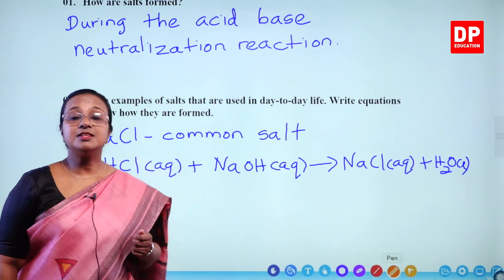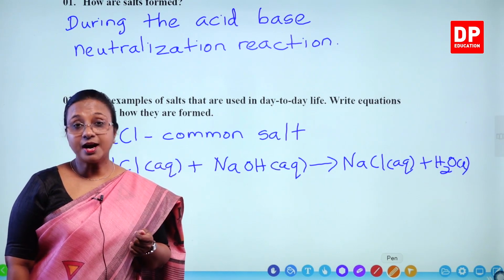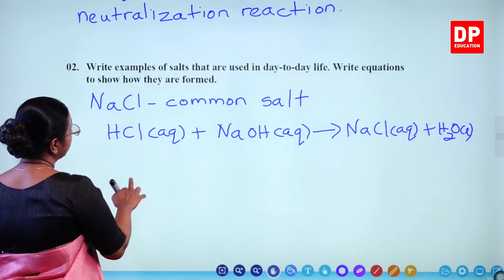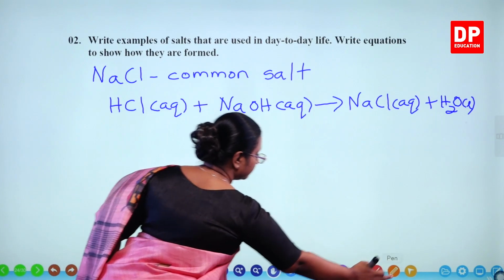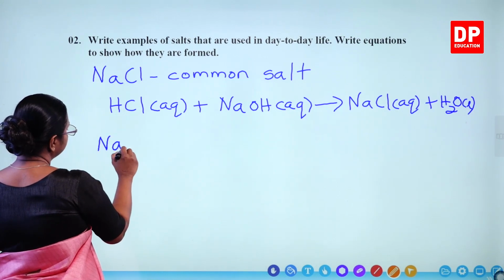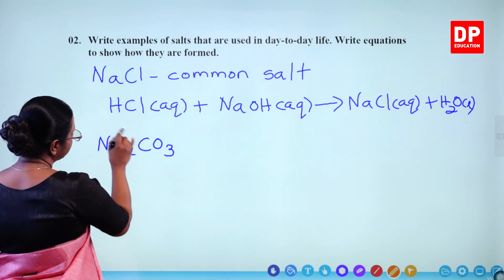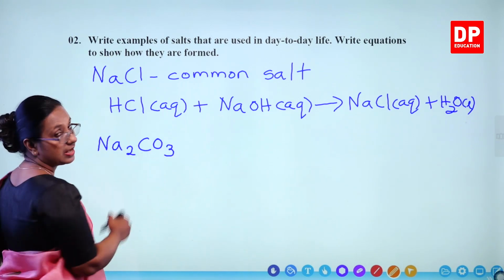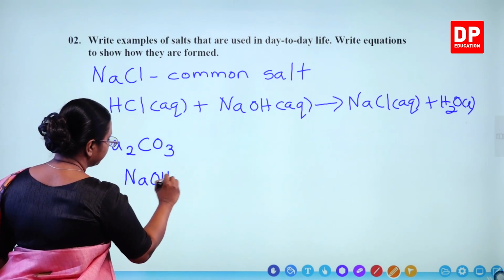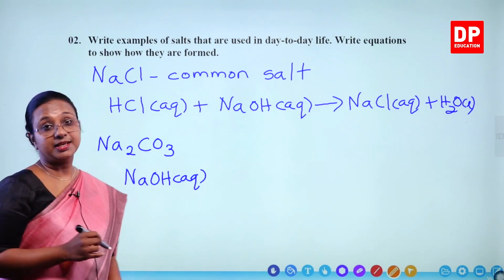So what are the other salts you can think of? Sodium carbonate. So sodium carbonate is washing soda. Now we can write sodium carbonate. Now how can this form? Sodium has to come from a base. So it has to be sodium hydroxide. And how about carbonate?